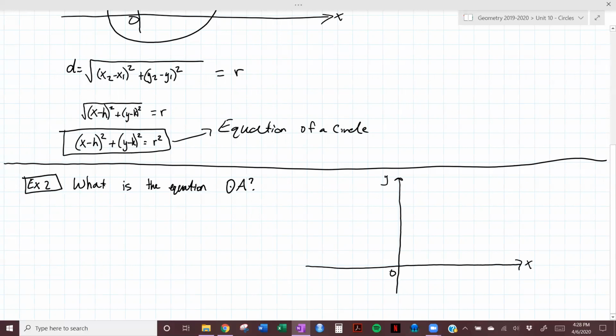It's centered at -1, 2. This is our center.